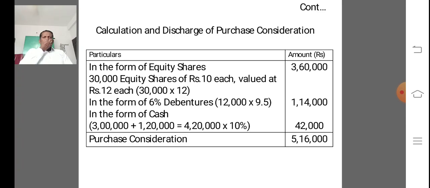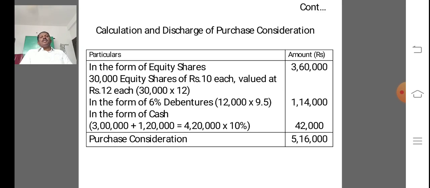And finally, in the form of cash. It includes the face value of equity shares and the face value of debentures. 30,000 into 10 is 3 lakh, 12,000 into 10 is 1 lakh 20,000, so 3 lakh plus 1 lakh 20,000 is 4 lakh 20,000.